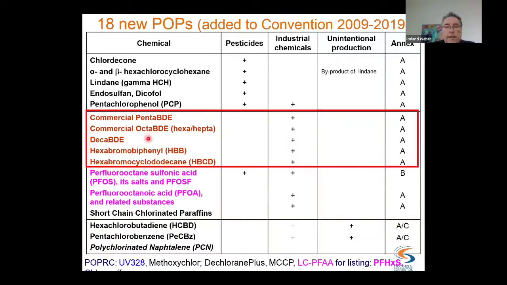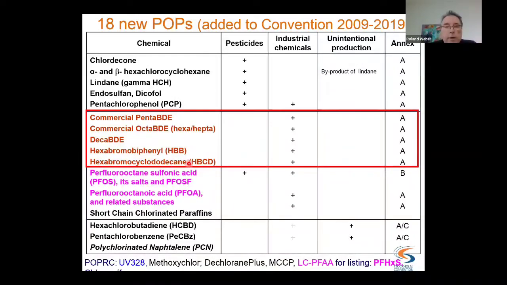The commercial penta-BDE and commercial octa-BDE were listed in 2009 together with hexabromobiphenyl, all in Annex A. In 2013, the hexabromocyclododecane was listed, and more recently, in 2017, also the decabromodiphenyl ether was listed. So these are the 5 different commercial products.